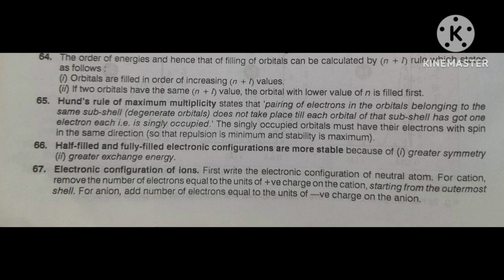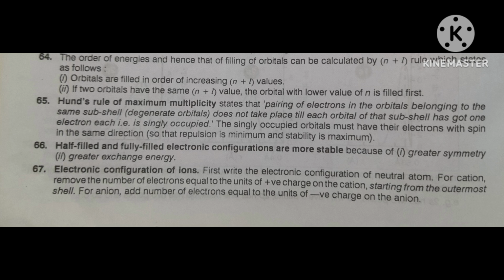For example, with px, py, pz, first it will go to px, then py, then pz. Now the fourth will come, and it will go to px, making a pair. The fifth will go to py, and the sixth will go to pz.